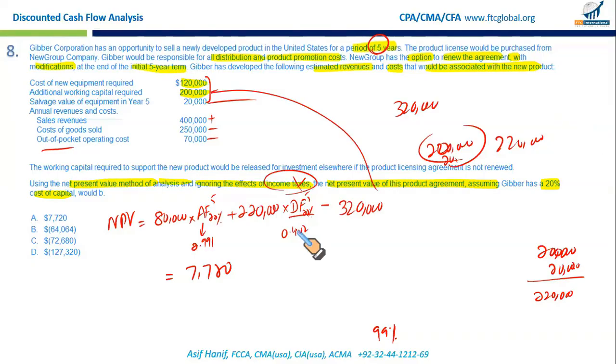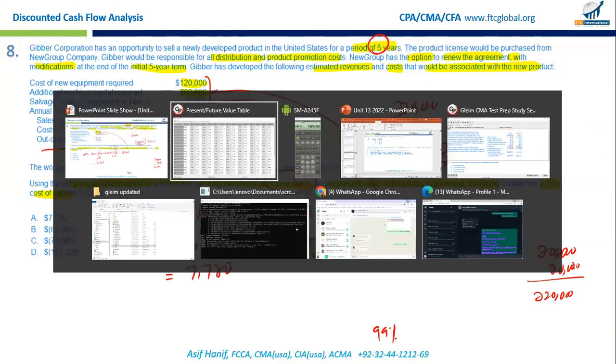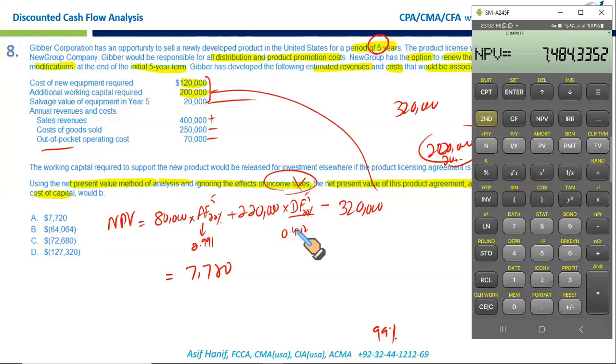So let us solve this using financial calculator. And let's see how we put the numbers. So first thing first, clear the counters. And now plug in the numbers. Your initial investment is 320,000, negative, enter. Now we have 5 cash flows of 80,000 each. So we're going to put 80,000. Enter.